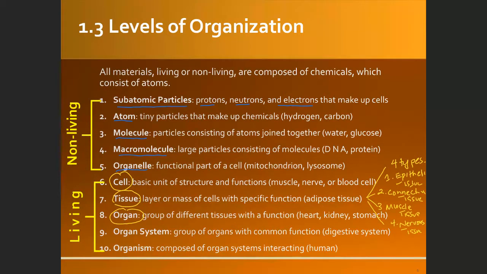And then many organs that have similar functions will make the organ system. In the human body, there are 11 organ systems. The first one is the integumentary system, which is the skin. The primary organ of this integumentary system is the skin.